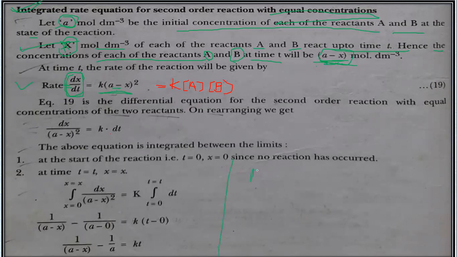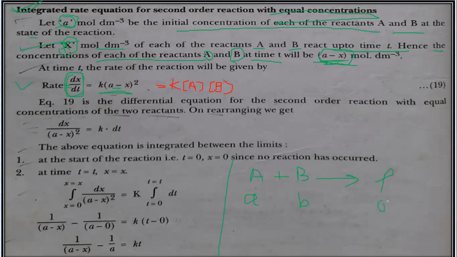See, A and B, they are reacting to give you the product. Okay, so this is A, and this is B actually, and you are getting the product.